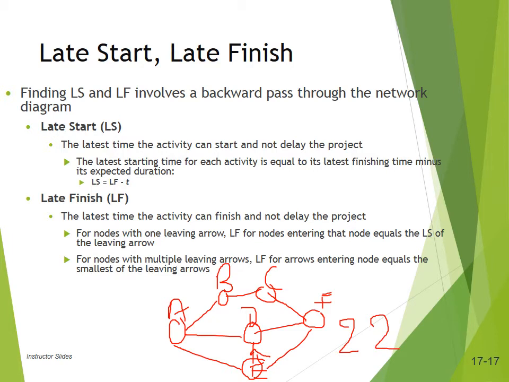If the duration of activity F is 4 days, so the late finish of activity C would be 22 minus 4, which is equal to 18.